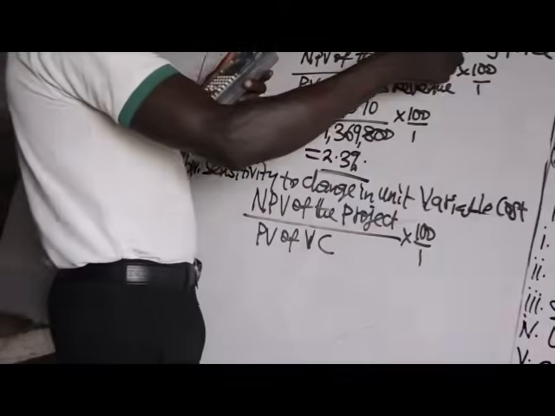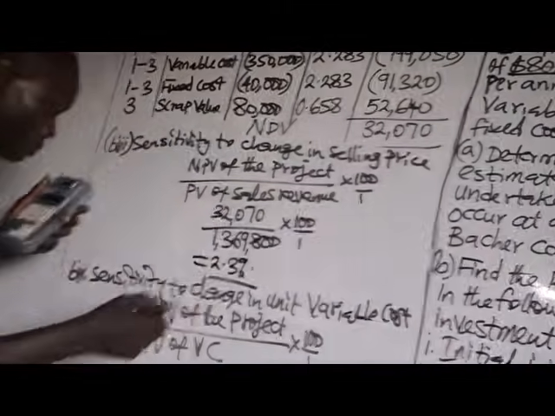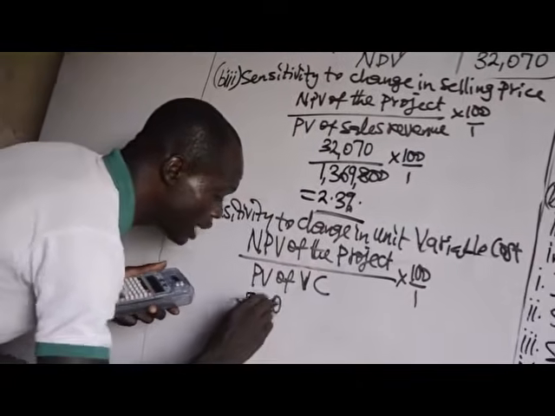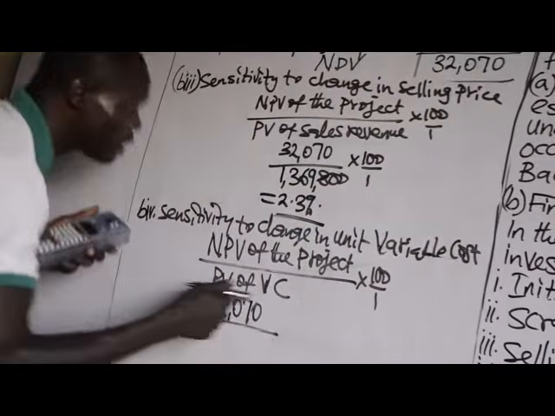NPV as calculated remains 32,070 over PV of the variable cost.